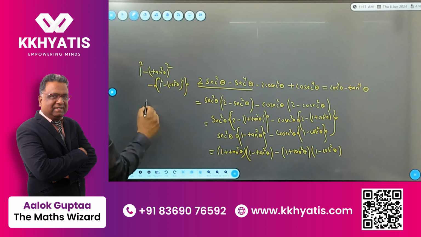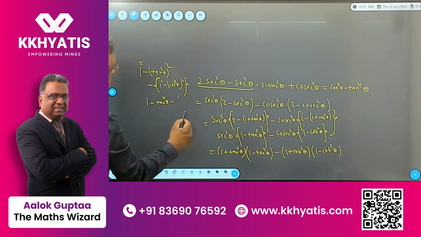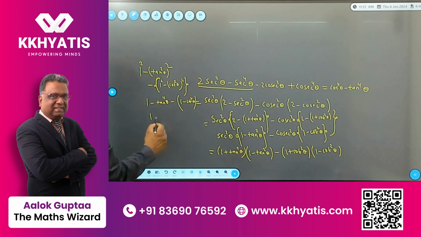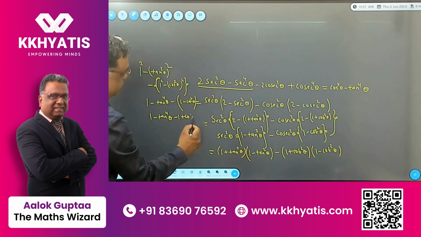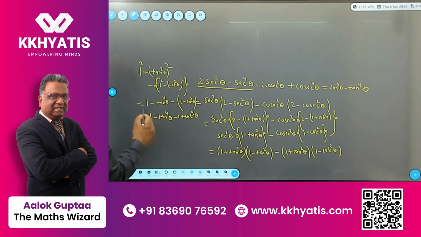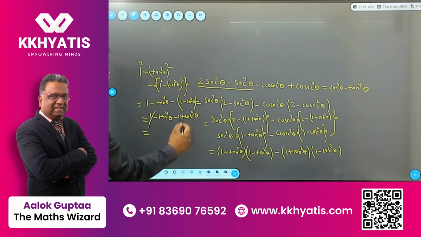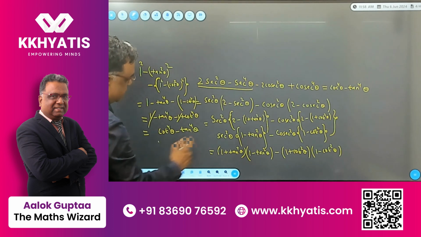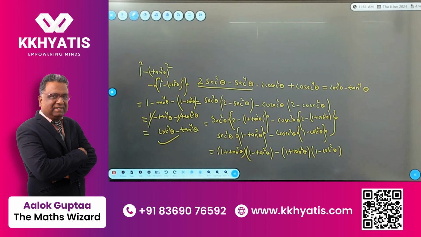So now this will become 1 minus tan raised to 4 theta minus 1 minus cot raised to 4 theta. So if I open the brackets up, this will get cancelled with this. What I am left with is cot raised to 4 theta minus tan raised to 4 theta. So we have proven what we've been asked for. Okay.